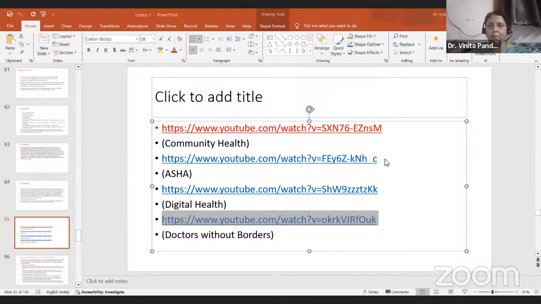So imagine, especially in several parts of Africa where there is constant ethnic violence going on, how difficult it is to maintain community health, how difficult it is to provide all kinds of medical services. In such a scenario, Doctors Without Borders are working.